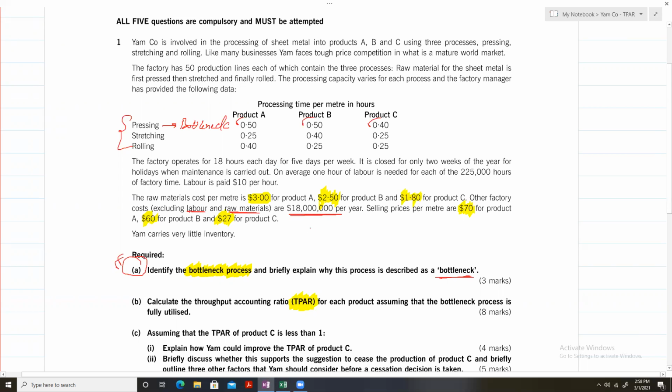Now factory costs are all costs excluding the cost of raw material. So there is one more thing that we need to add to this cost, that is the cost of labor.